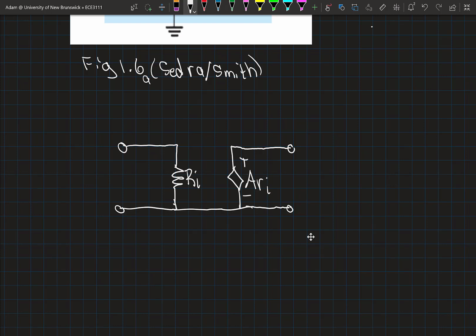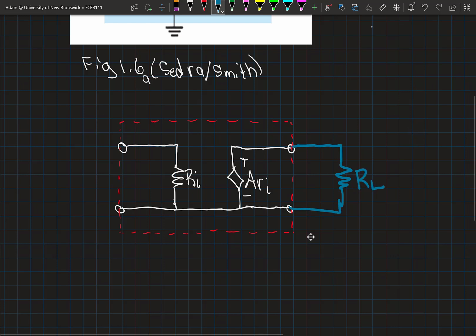Okay, so here is our modified voltage controlled voltage source again, but now we'll note that it has some input resistance that is not infinite.